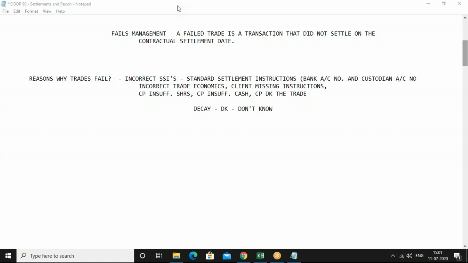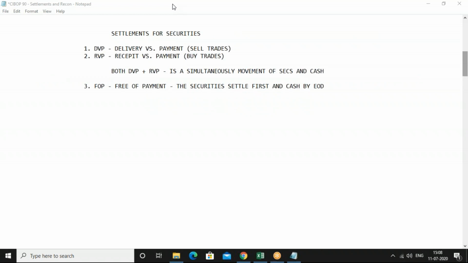It's not really free, but what it means is that you deliver the security first and you will receive the cash by end of day. So delivery versus payment is sell trades, RVP is buy trades, and this happens at the same time. And FOP is free of payment.